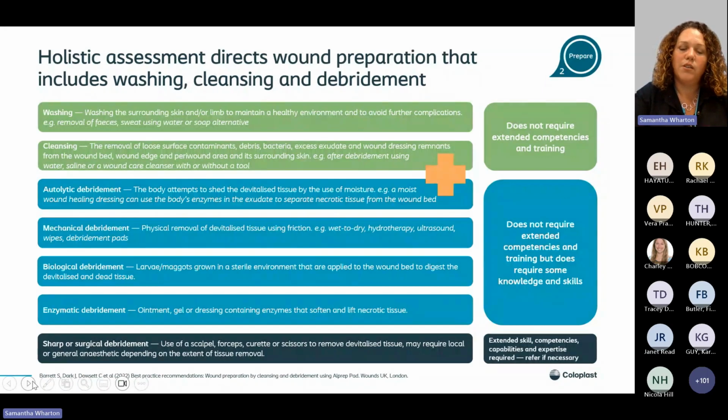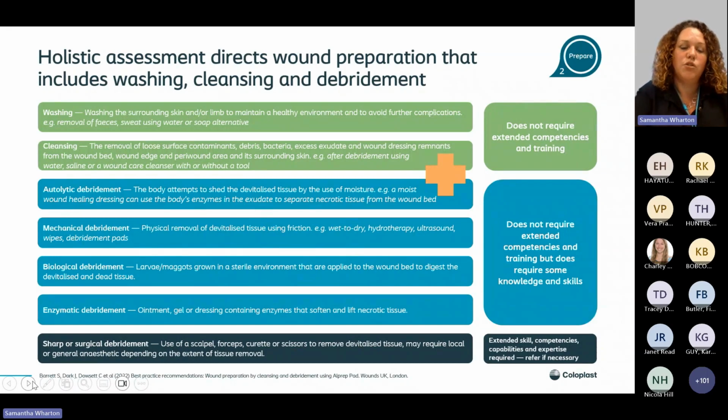Within Coloplast, we have the All Prep pad that is a form of mechanical debridement. It doesn't require extended competencies and training, but you do have to have some knowledge as to why you're doing it. It's a really quick, effective way of removing and disrupting those biofilms and removing those barriers to healing, that devitalized tissue, slough, biofilm within the wound bed.